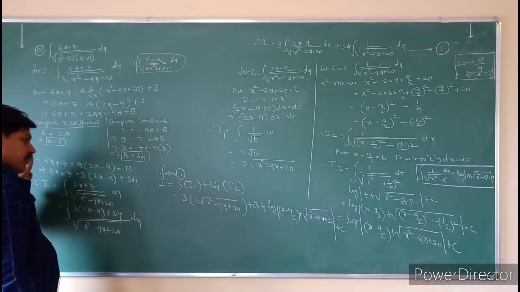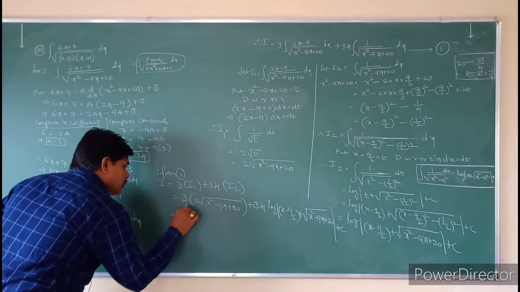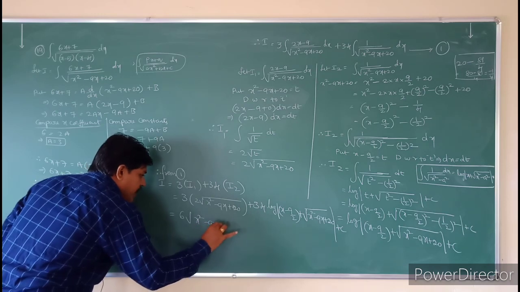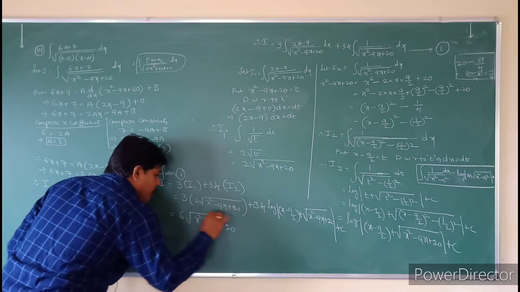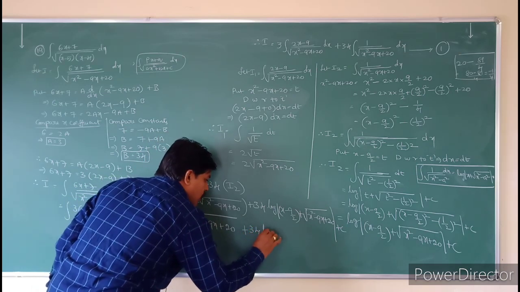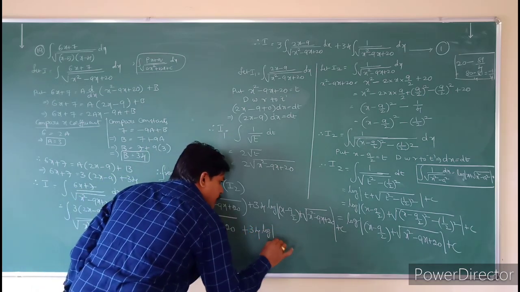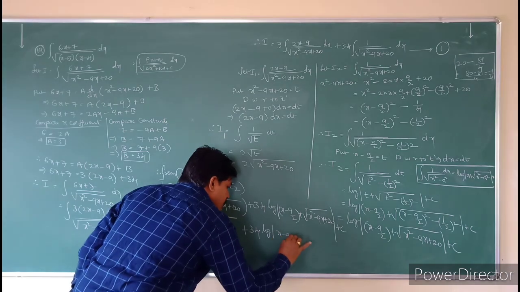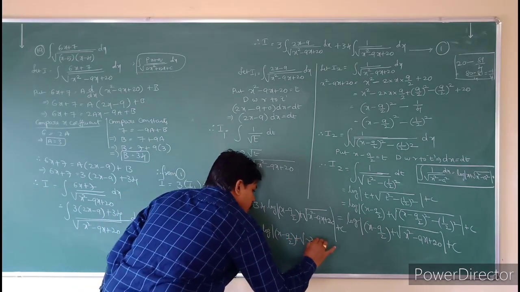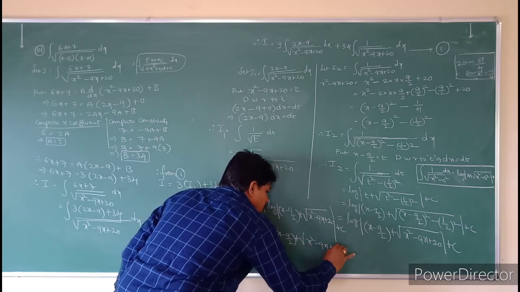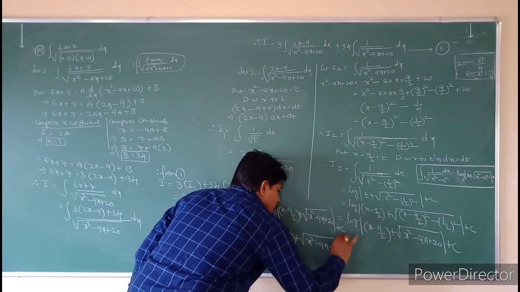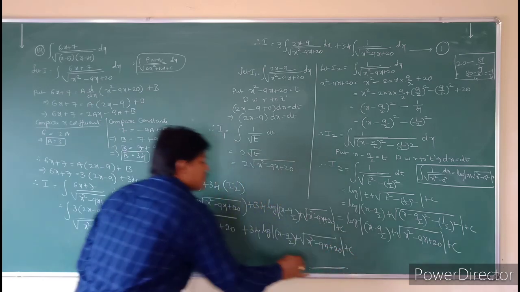So what is the final answer you can write? That is equal to, you can multiply this: 6 into root of x square minus 9x plus 20 plus 34 into log mod x minus 9 by 2 plus root of x square minus 9x plus 20, plus c. So that is the answer.